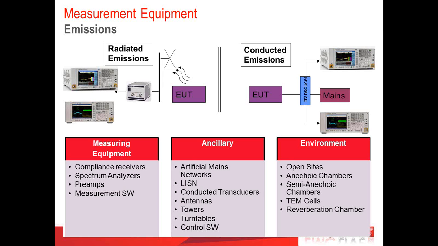On the conducted side, we need some sort of transducer to couple that interference from the device into our frequency measuring device, into our receiver. But on top of that, we also need another port to be able to power our device under test. And so in many cases, a LISN is the device being used, and we'll look at that later in the presentation.